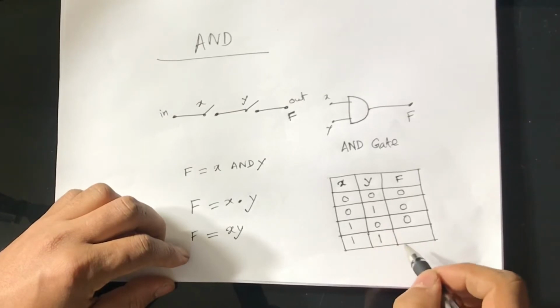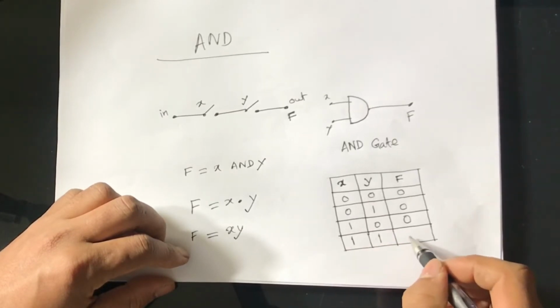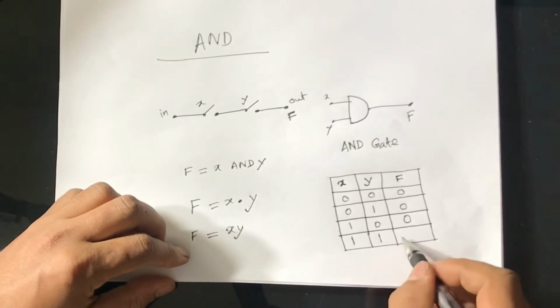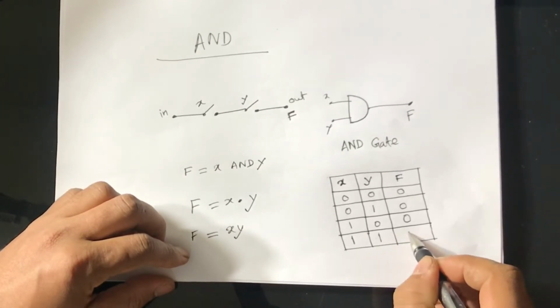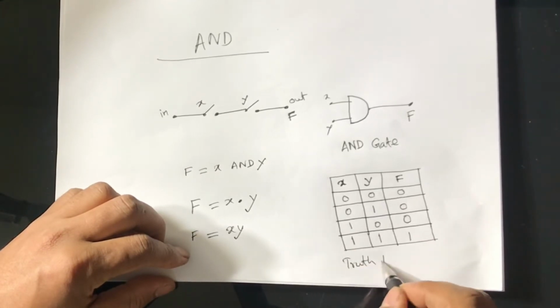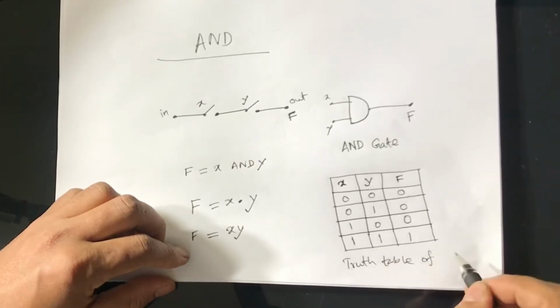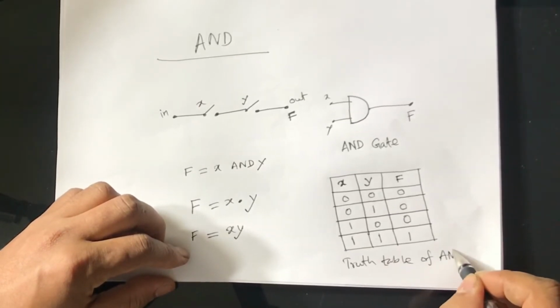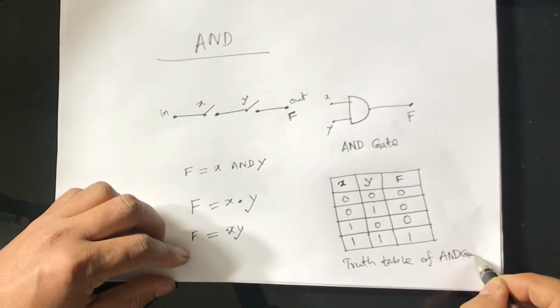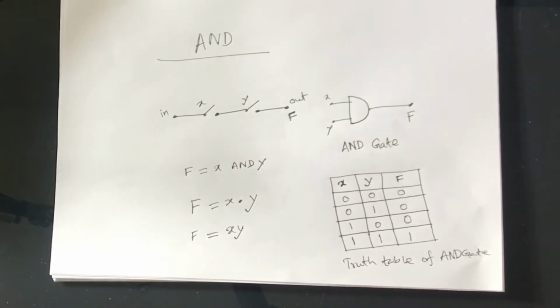We will get the output 1 only when both inputs are 1. So this is the truth table of AND gate.